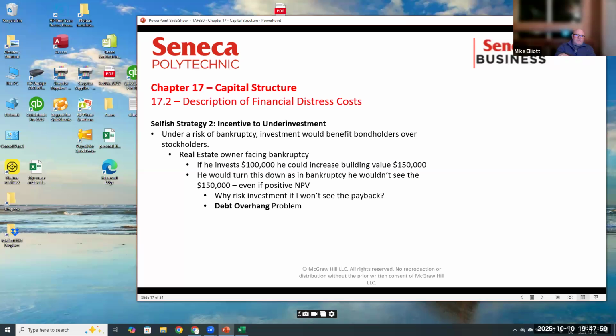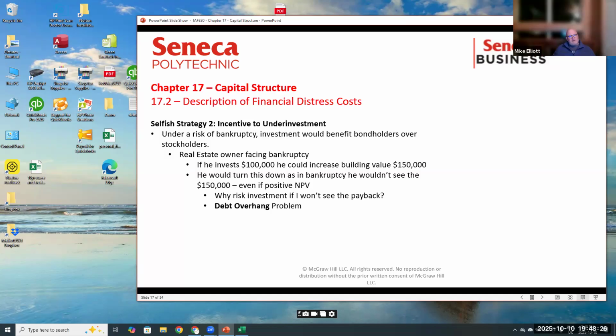The problem is, in the event of bankruptcy, I get nothing. So my risk is I get $150,000 or I get nothing. Now, even if the project has a positive NPV, with a 50% return, why would I risk investment if I don't get a payback?